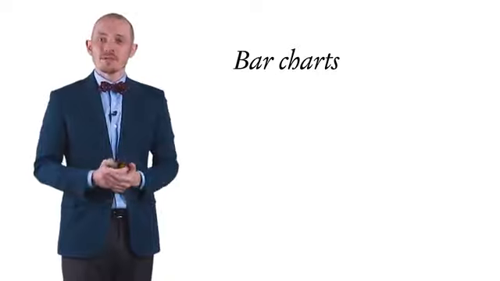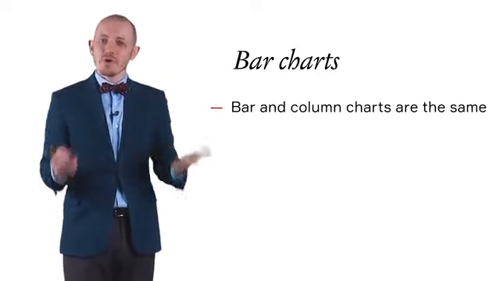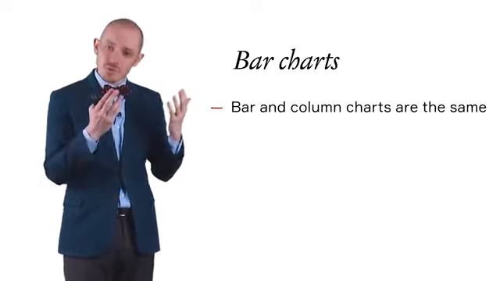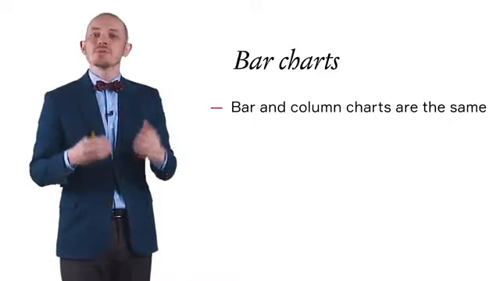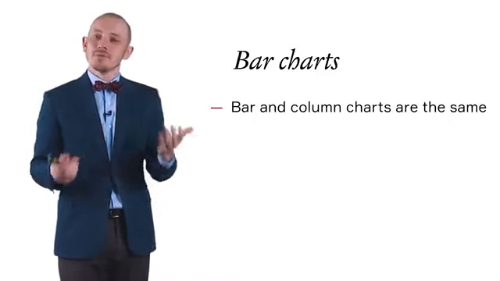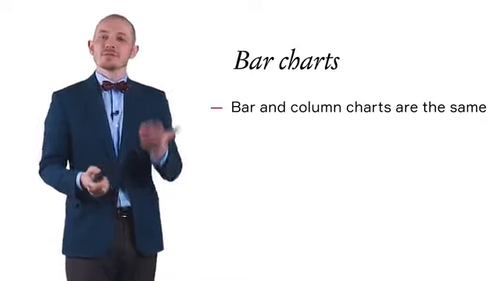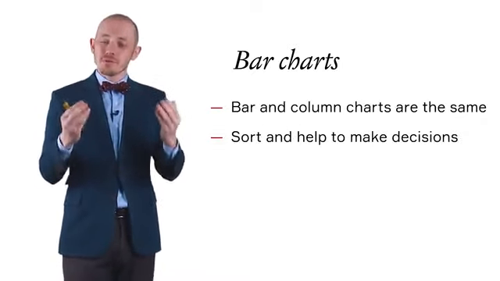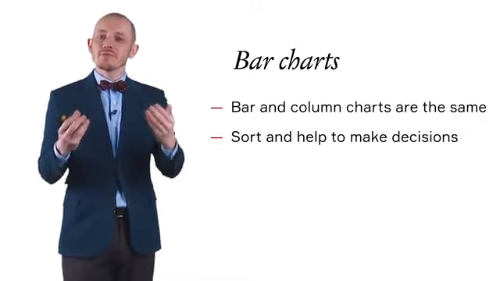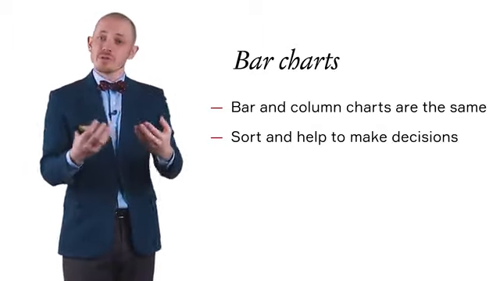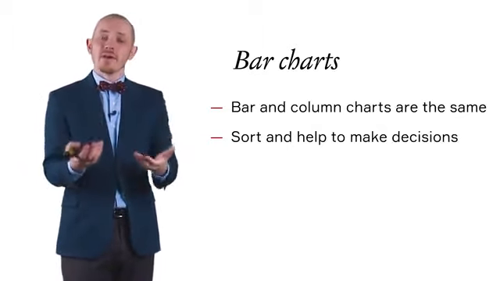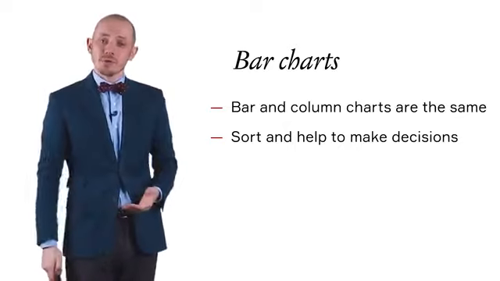So, to sum things up, bar and column charts are the same. Use bar charts if you have very long labels, use column charts if you have time periods. This is the only difference. Sort and help people to make decisions. You need to arrive to certain conclusions and then produce a chart which supports that conclusion. This is the ultimate goal.